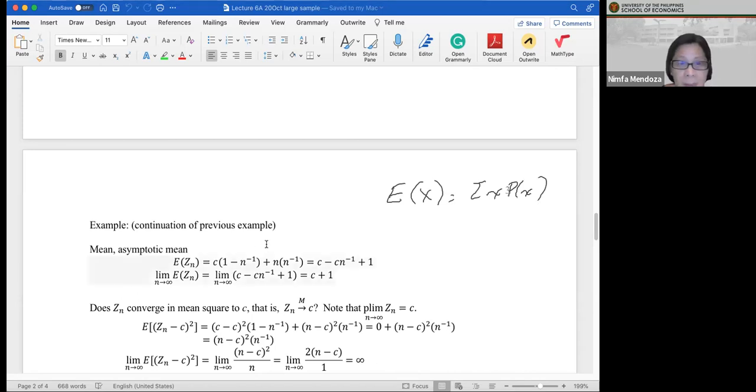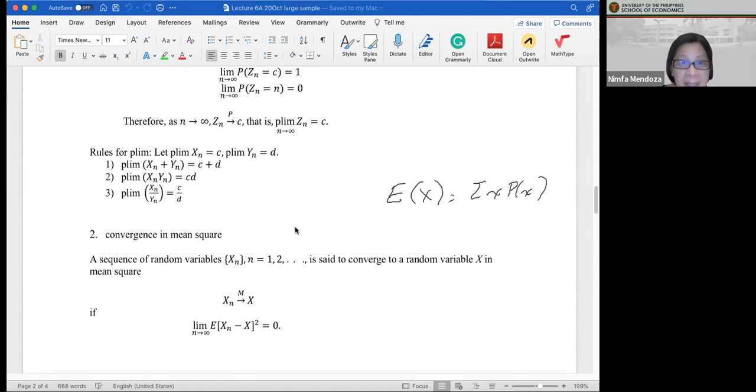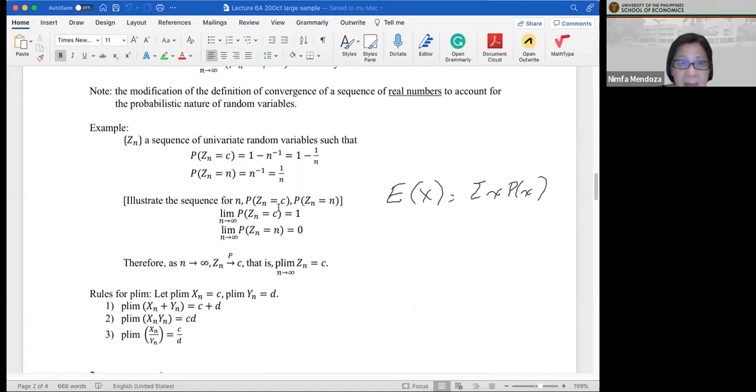So Z sub n can take on either the value C or n. C with probability 1 minus 1 over n, and n with probability 1 over n.